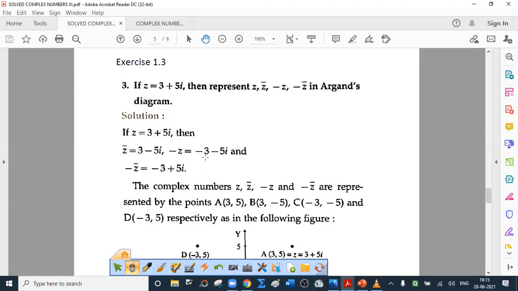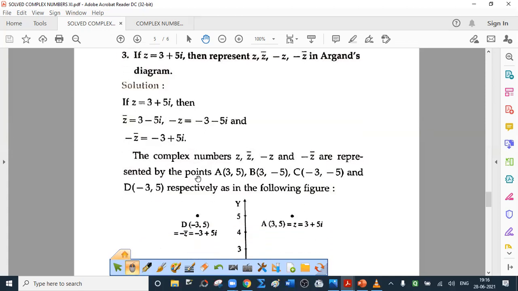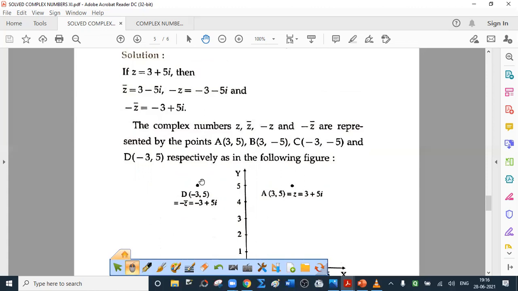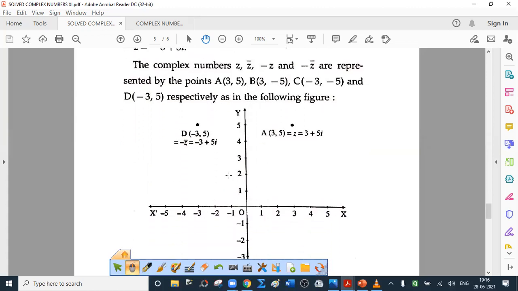Then minus z is minus 3 minus 5i, represented by C(minus 3, minus 5). Finally, minus z bar is minus 3 plus 5i, represented by the point D(minus 3, 5). See, this is the diagram.